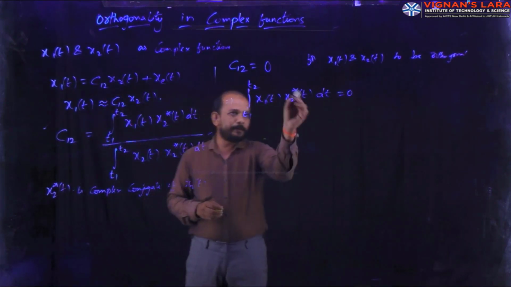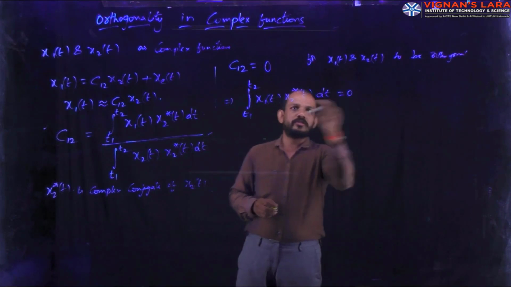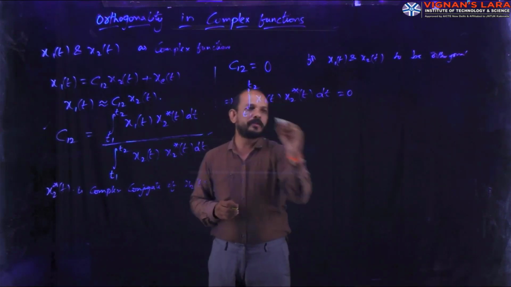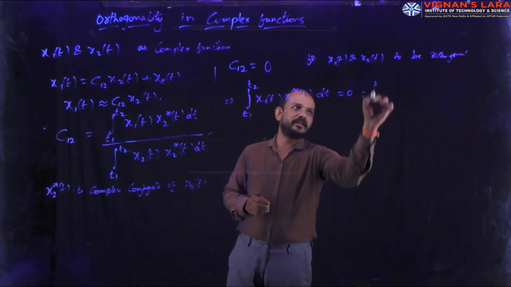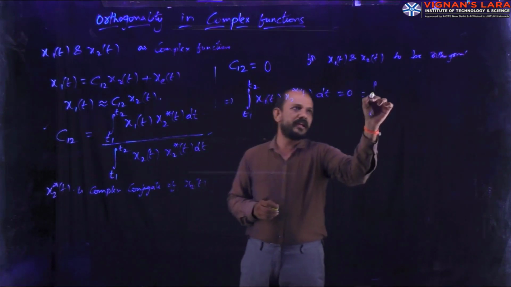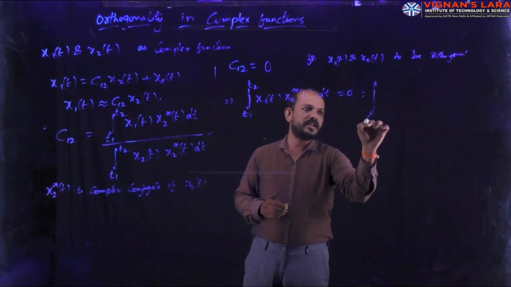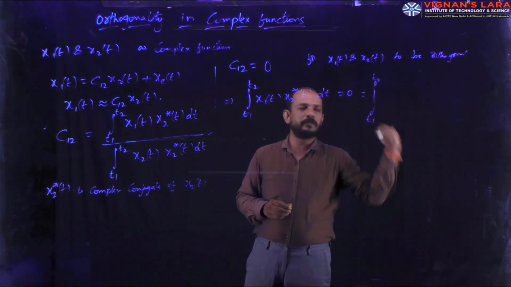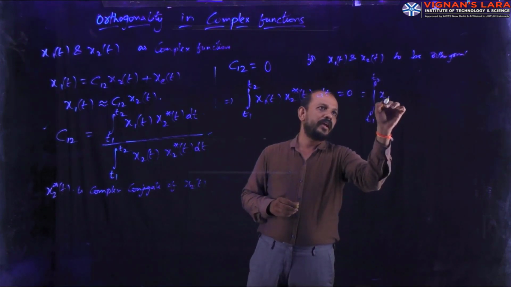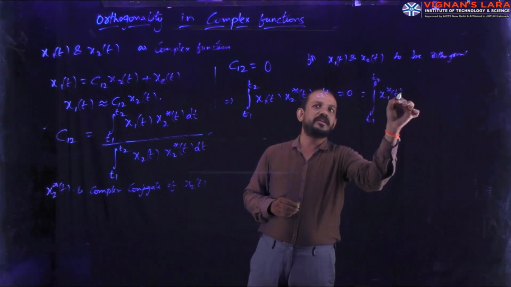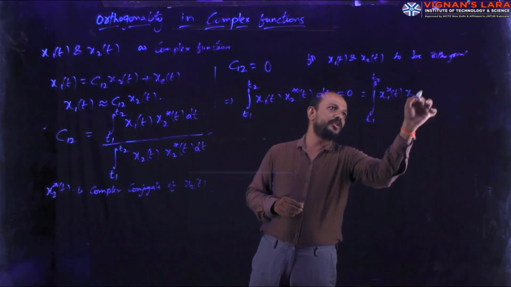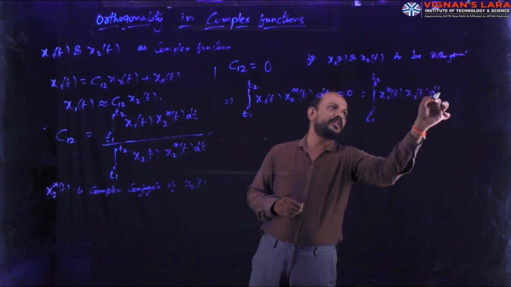So you can represent this in another way also. This can also be represented as integral t1 to t2 x1 star of t into x2 of t dt.